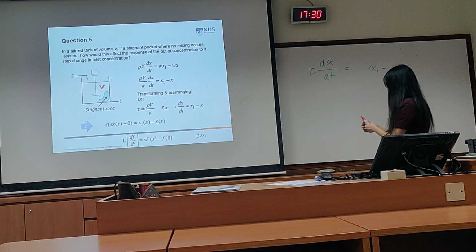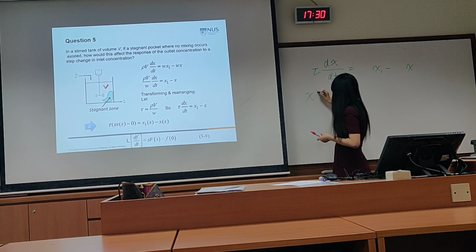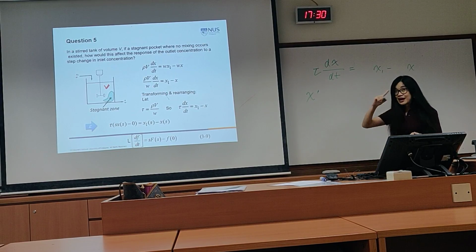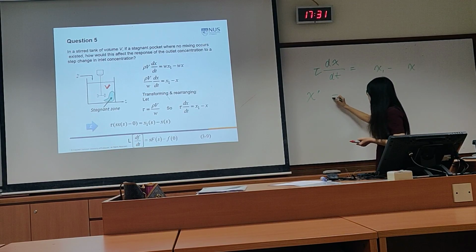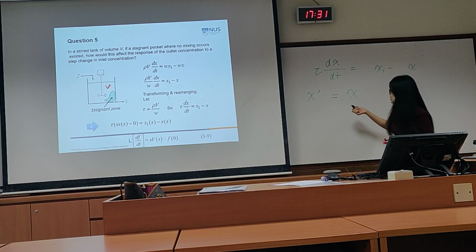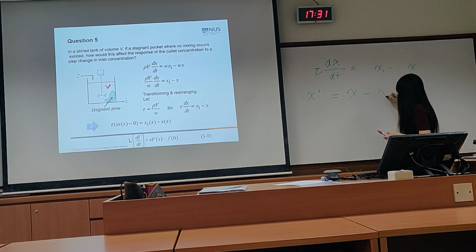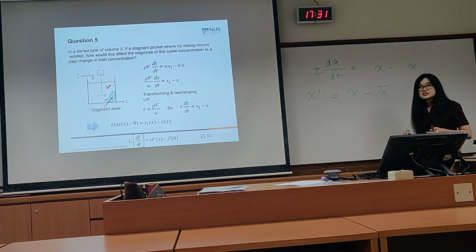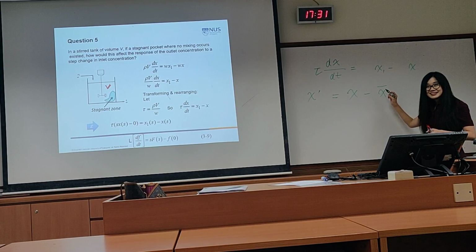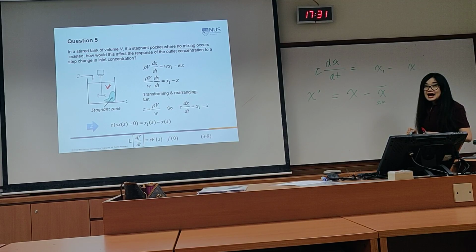You recall that we define a new variable, the deviation. We call it x prime. It is the value of the real x, the real concentration, the real function, minus x bar. So what is x bar here? That's the steady state value at the initial condition.